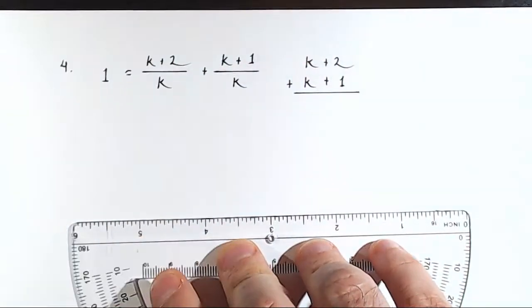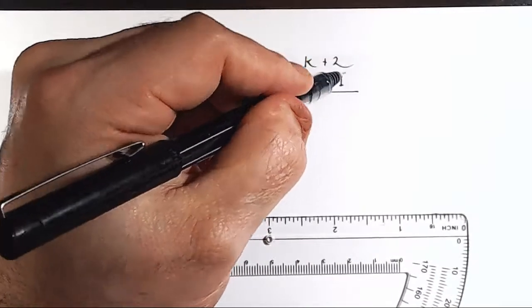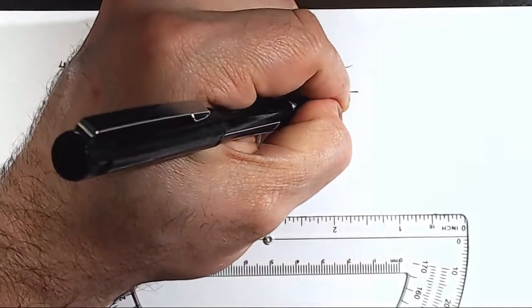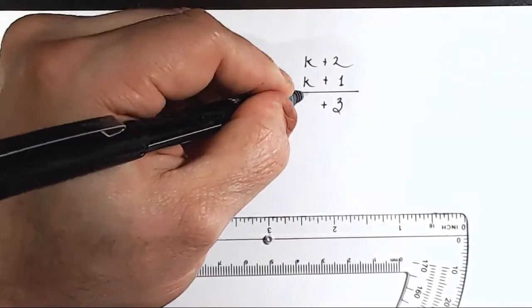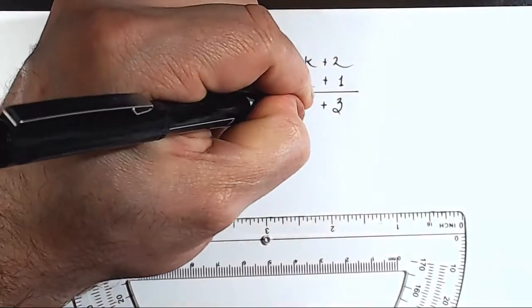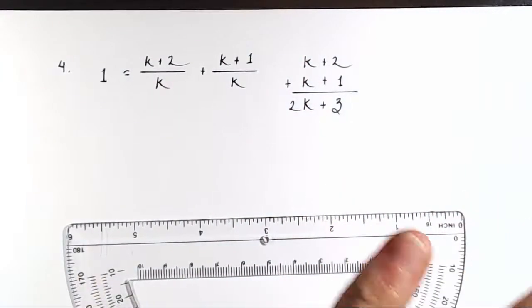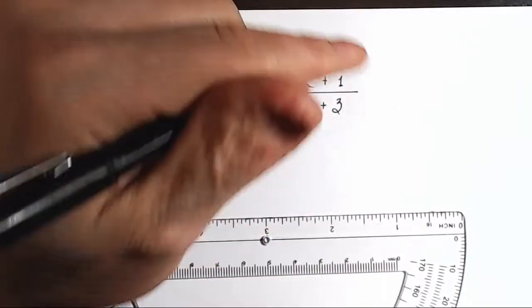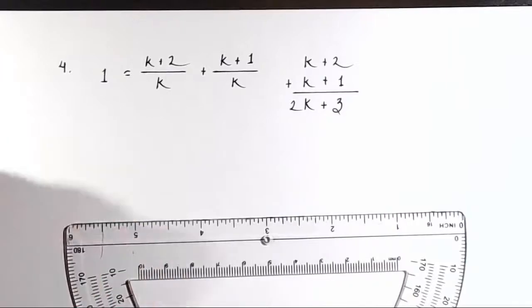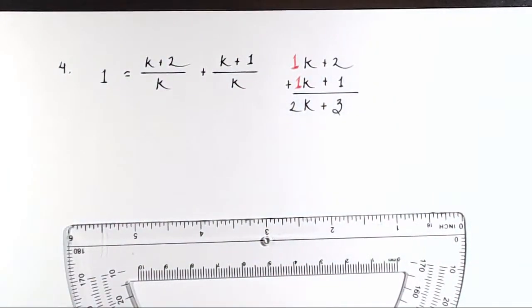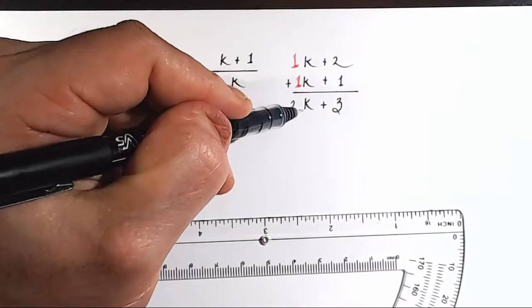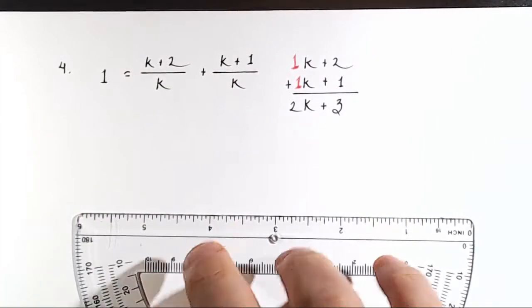I'm giving a little preview here of doing this ahead of time. 2 plus 1 is just 3. And k plus k is 2k. Remember, I'm not multiplying. It's not k squared. It's just k plus k. And remember that there's a 1 in front of the k's. So I just say 1 plus 1 is 2. Bring down the k. So 2k plus 3.